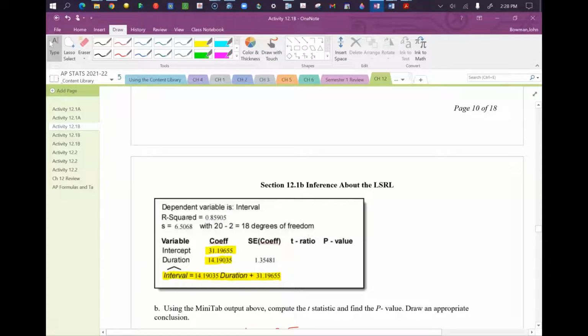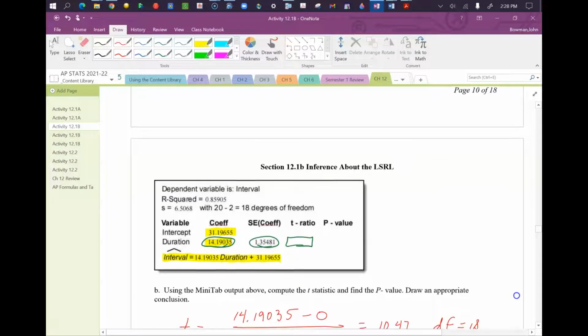Draw an appropriate conclusion. Our hypothesized value for the population slope was 0, so we're going to calculate the t-statistic by taking the sample slope divided by the standard error of the sample slope. Essentially, we're going to take this number and divide by that number, and that gives us our t-ratio, which should go in the green box, which is just blank for now.